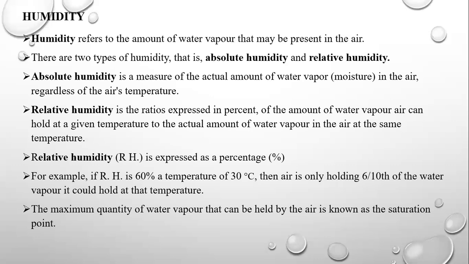The maximum quantity of water vapor that can be held by the air is known as the saturation point. So when we say air is saturated, we simply mean it has reached the maximum level of holding water vapor. And it is at that point rain starts to fall. So this means air is saturated when the relative humidity is 100%.